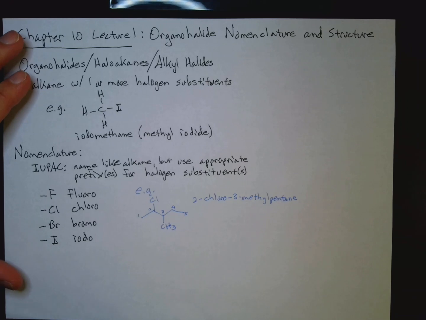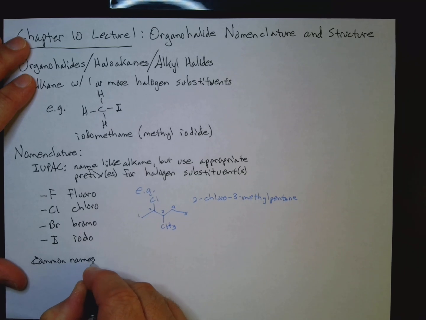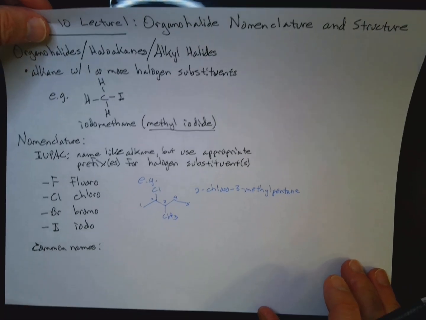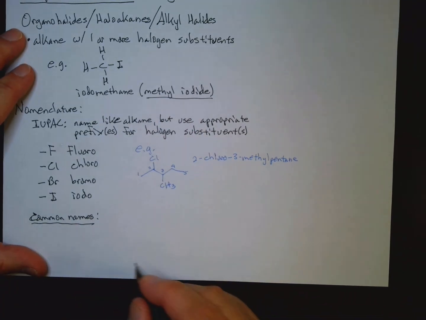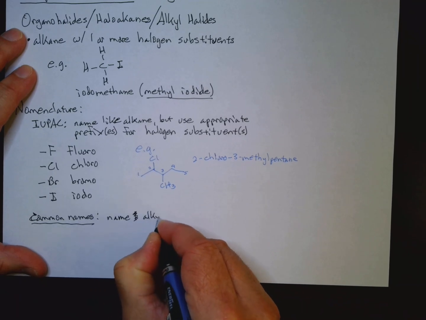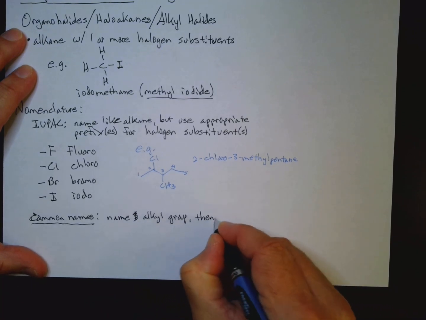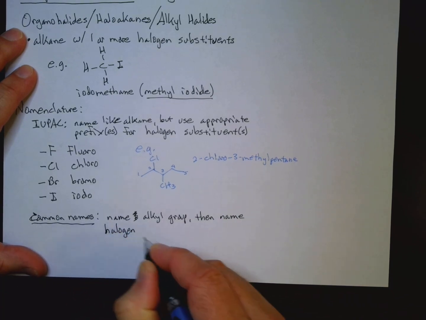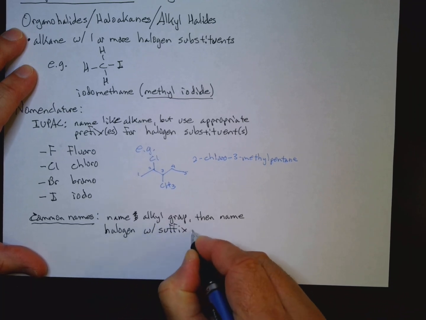Now we could have common names as well. The common name in this case is methyl iodide. Let me just underline that. Here we're going to name the alkyl group, then name the halogen, and we're going to use the suffix "ide."